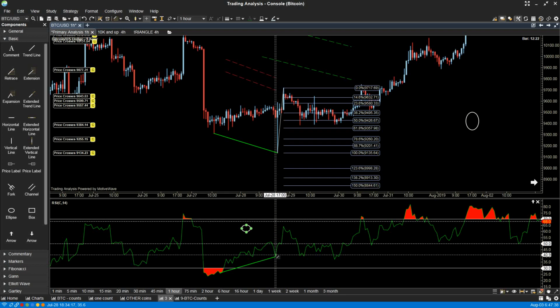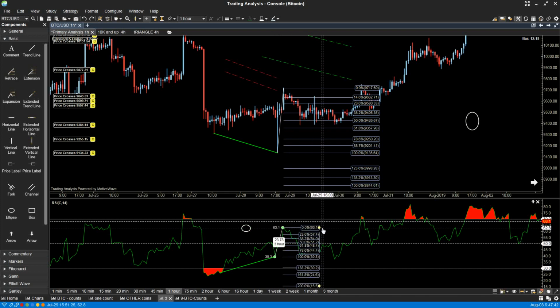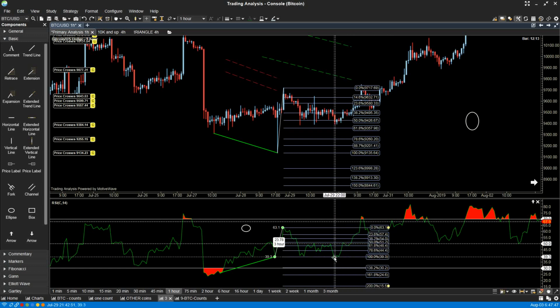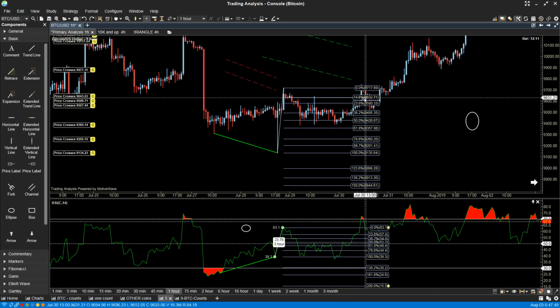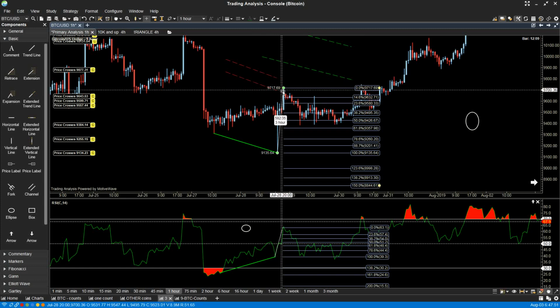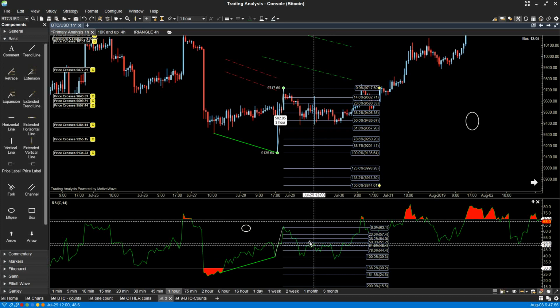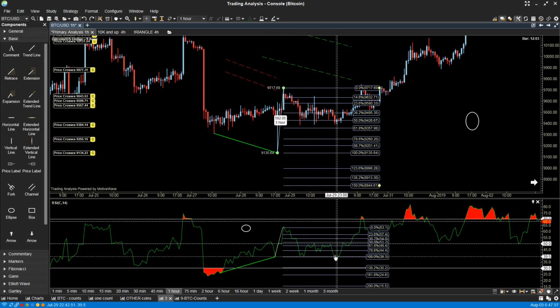Same Fibonacci tool. You go from here, this is the low, this is the high, and bam, the market went more than 100% down. So in price, the market corrected only 50%. In RSI, the market went way deeper than 50%, and it went all the way to 100%.